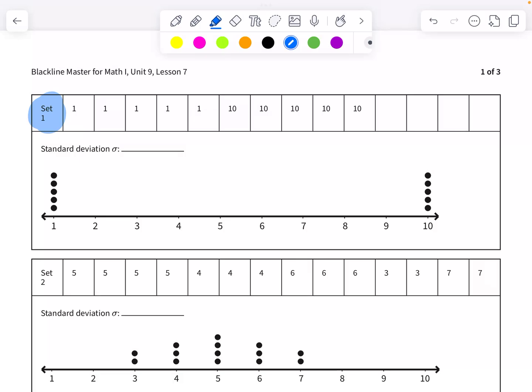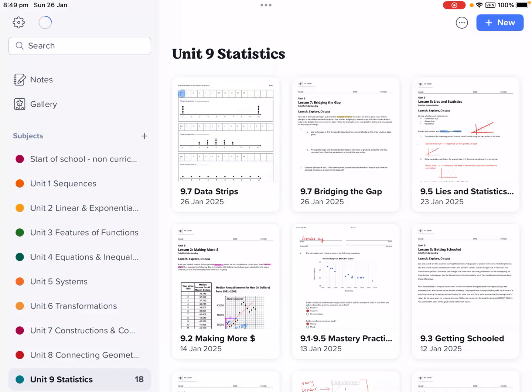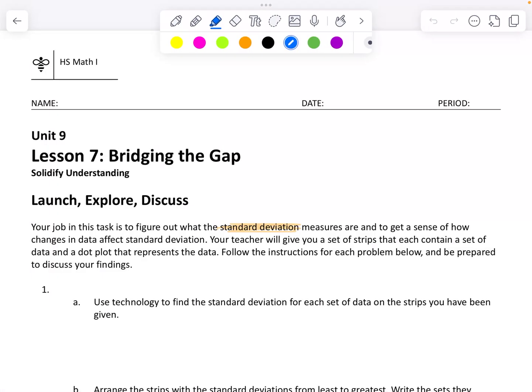And what we need to do first, number 1 says, use technology to find the standard deviation for each set of data on the strips you have been given. And the technology that we're going to use is the Desmos graphing calculator. And I'm going to go back to the notes. So here are our notes, right?